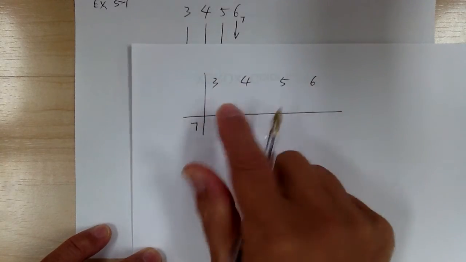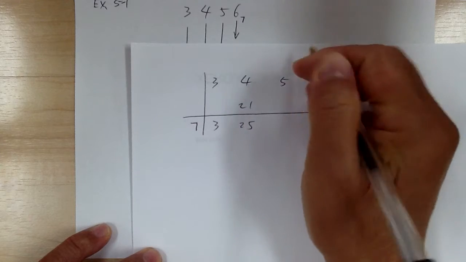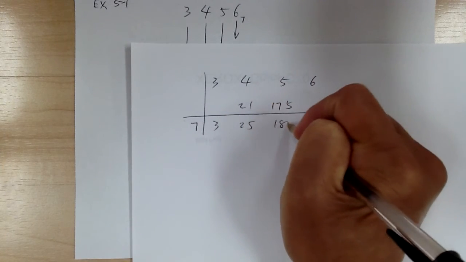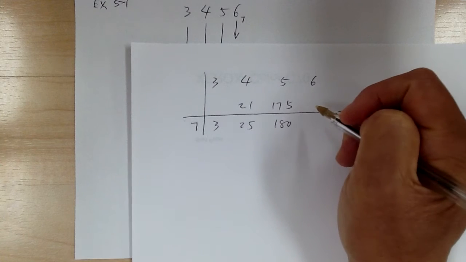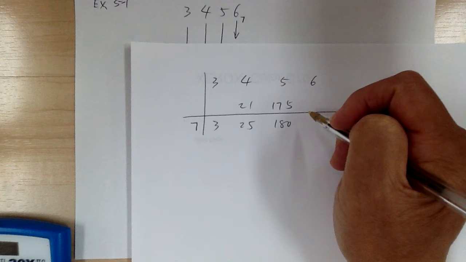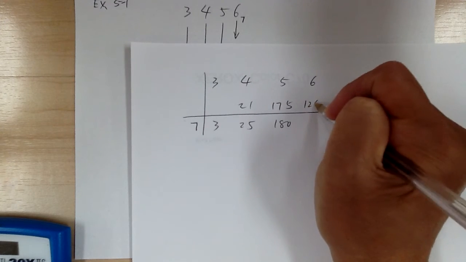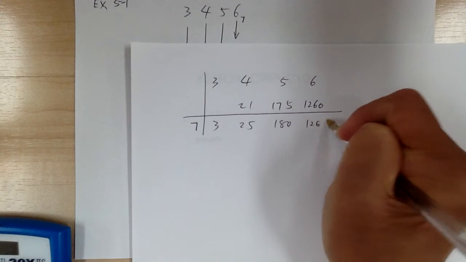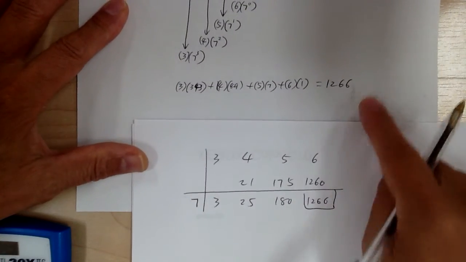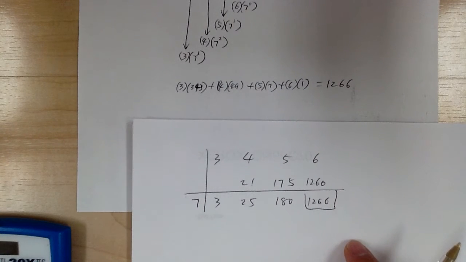Drop the 3, multiply, add, multiply, add, and then multiply and add. This number will give you the answer. So use synthetic division, and you can also do it backward.